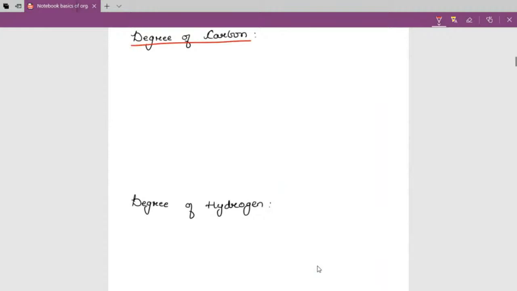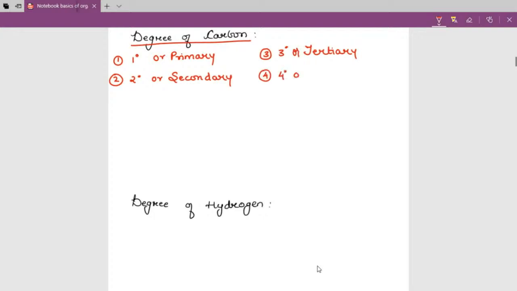Based on how many carbons a particular carbon is further connected to, it is classified as 1 degree or primary carbon, 2 degree or secondary carbon, 3 degree or tertiary carbon, and 4 degree or quaternary carbon.